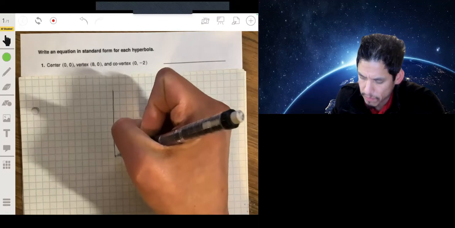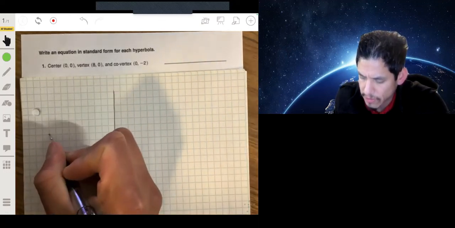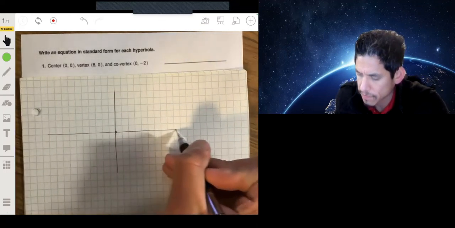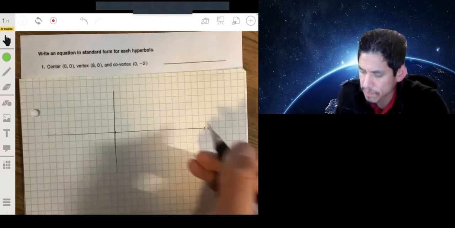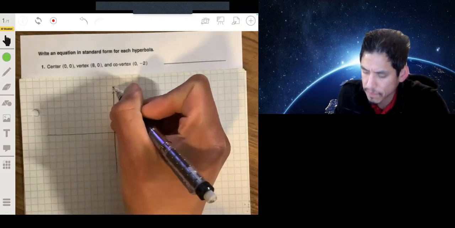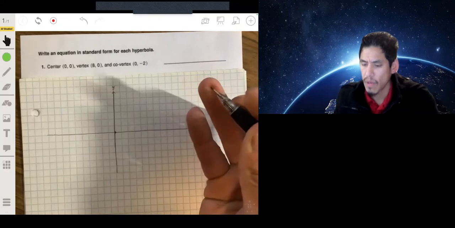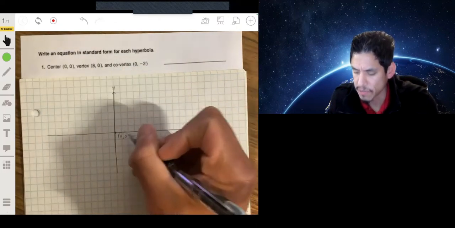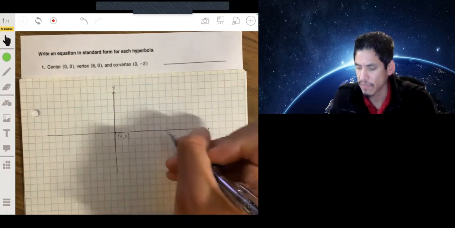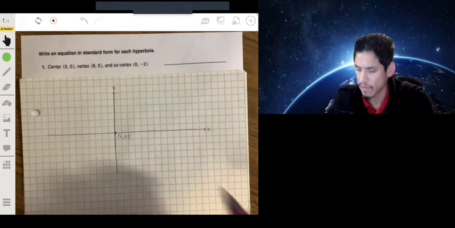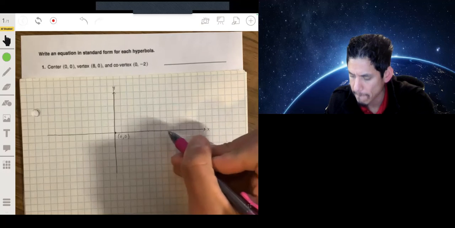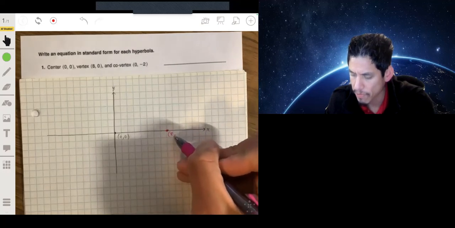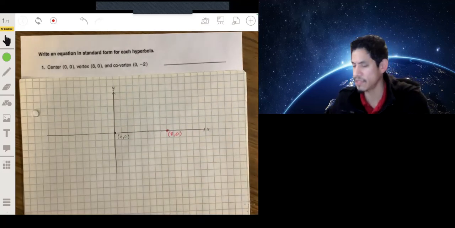So that's our y-axis, x-axis. Then the vertex is at 8, 0. So 1, 2, 3, 4, 5, 6, 7, 8. So 8, 0. And the co-vertex is at 0, -2.